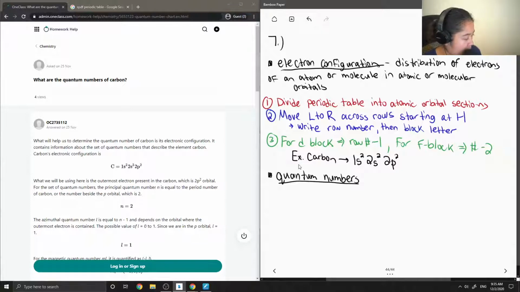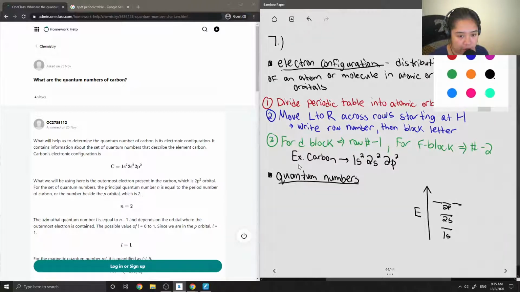So for carbon in particular, I'm first going to draw out an electron energy filling diagram. Now that I know its electron configuration, I can easily make one showing all the different orbitals: 1s, 2s, and then 2p.